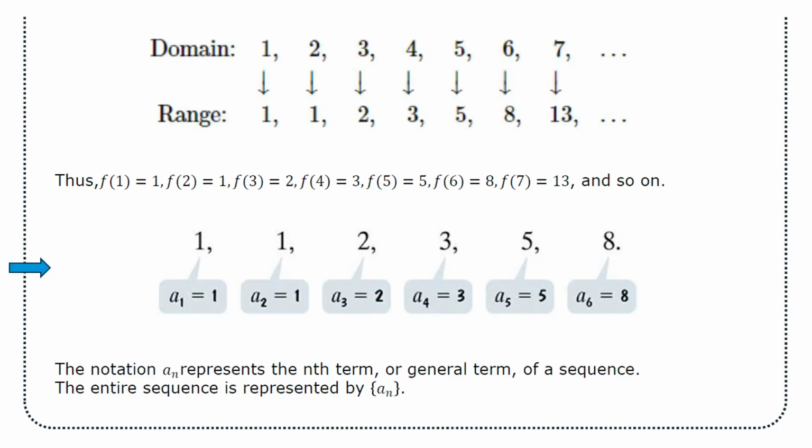A subscript 4 would be 3 because the fourth term is 3, and so on. So the notation A subscript n represents the nth term or the general term of a sequence. The entire sequence is represented by the set of A subscript n.